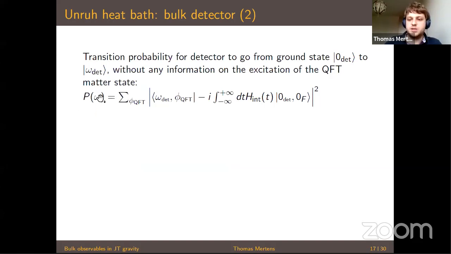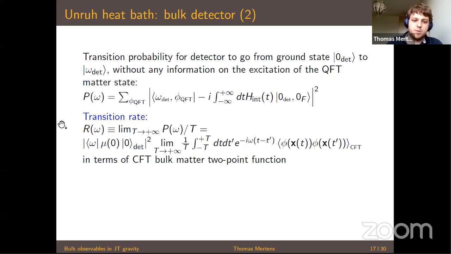So this leads to this transition probability in this form, in first order quantum mechanical perturbation theory, where the detector goes from the ground state to an excited state, and the quantum fields go from their ground state to some state that I don't specify. I sum over all of these possible states, and I take the first order interaction Hamiltonian here.